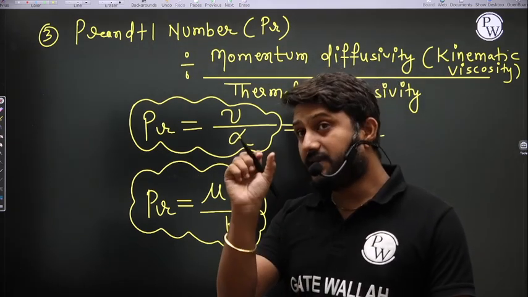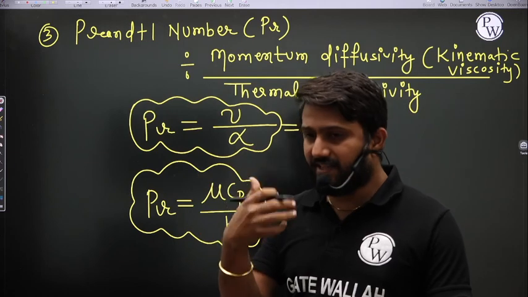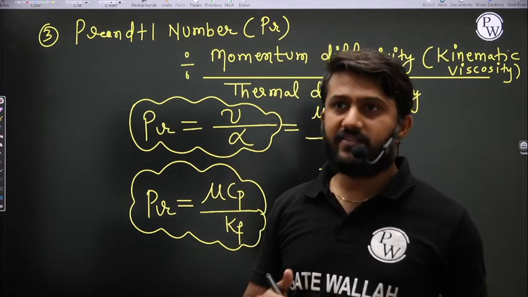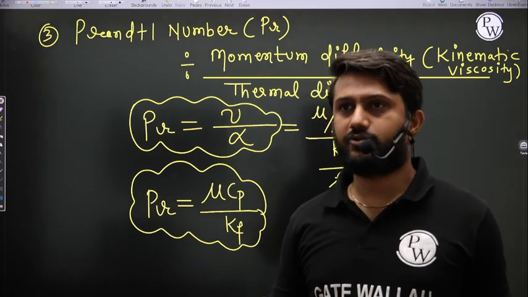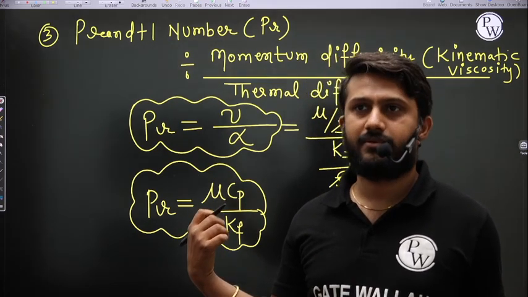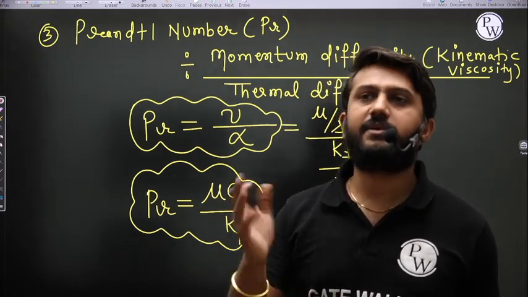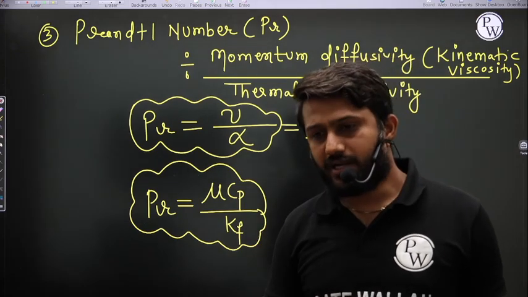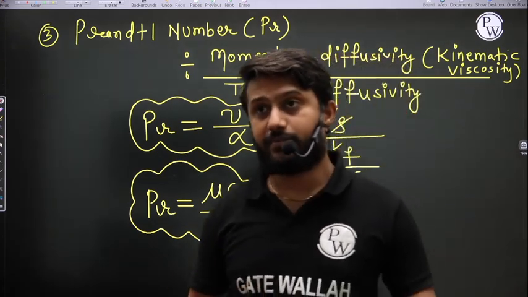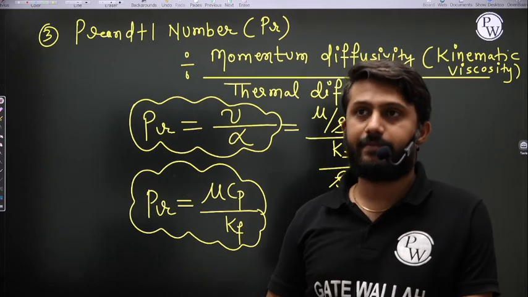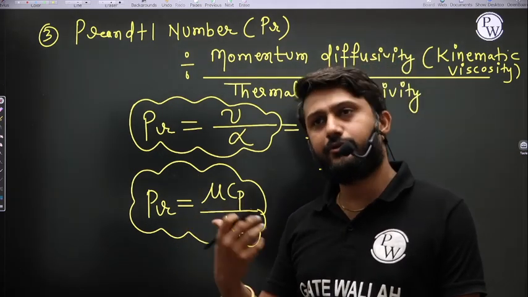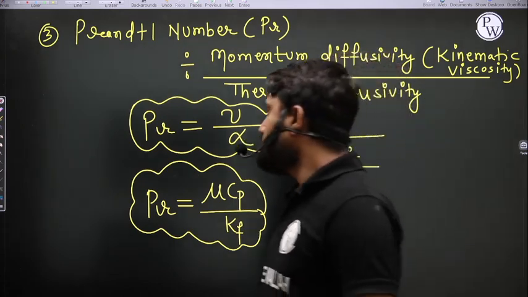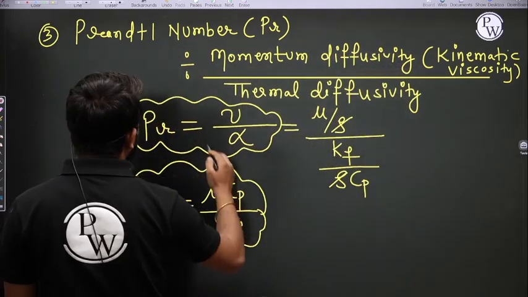For a compressible substance, Cp and Cv are different, so you might be confused; simply take Cp here. So the Prandtl number is mu Cp by Kf.